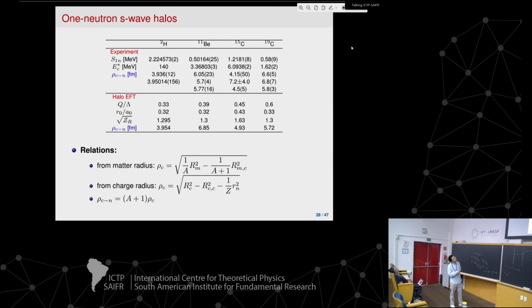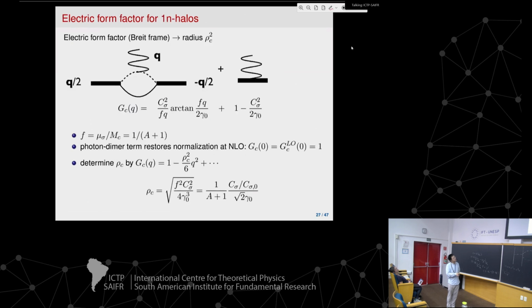This is given in the top panel of these tables where you have the numbers for this rho. It's basically the distance between the core and the neutron, so you have to multiply by this A plus 1 factor in front of this rho C to get their average distance between the two particles. Then you can also use the analytic formula we calculated from the effective field theory.